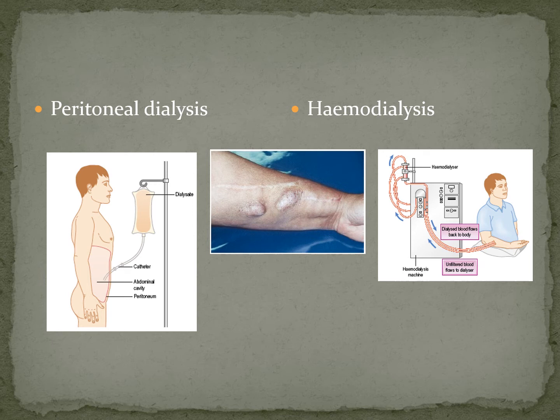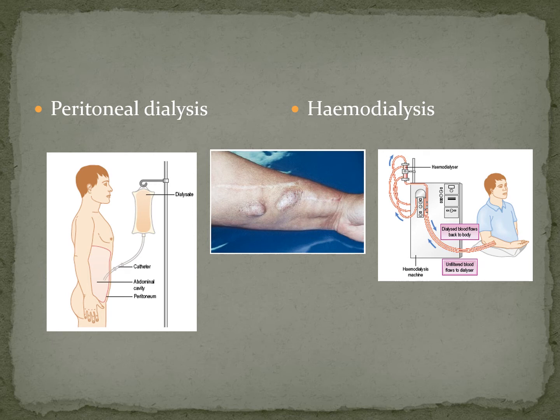The next one is peritoneal dialysis. That's the removal from the body of soluble substances and water by transfer across the peritoneum, utilizing a dialysis solution which is intentionally introduced into and removed from the peritoneal cavity.